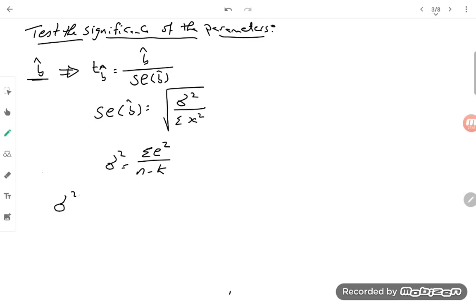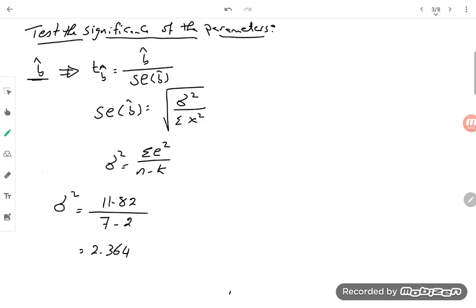So sigma squared is calculated as summation e squared, which is 11.82, divided by n minus k, where n equals 7 and k equals 2. So sigma squared equals 2.364.